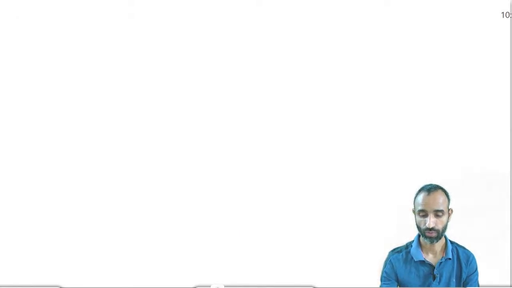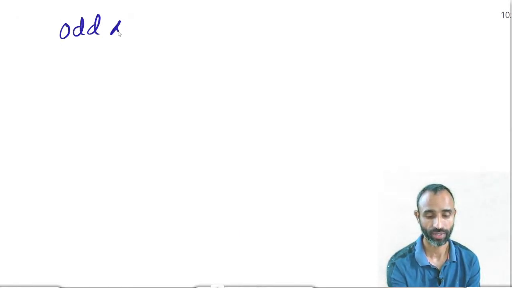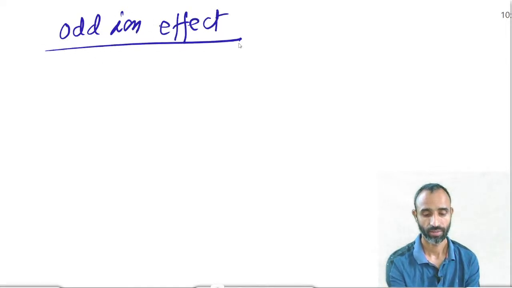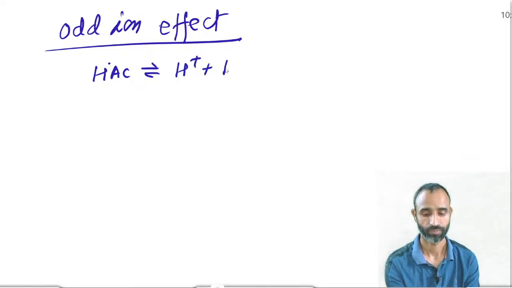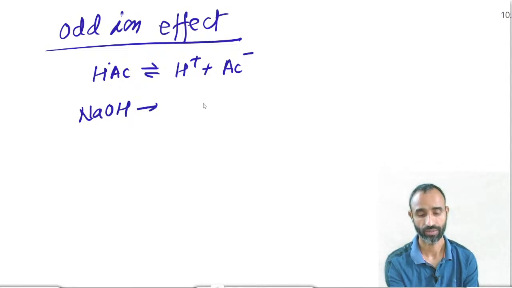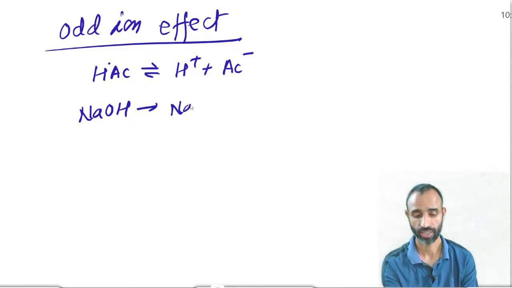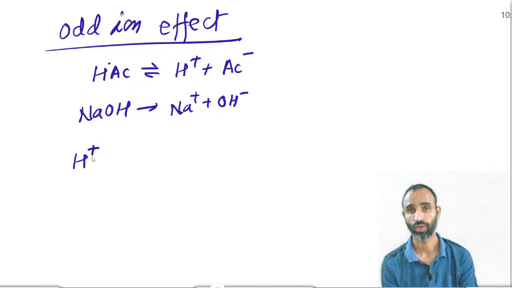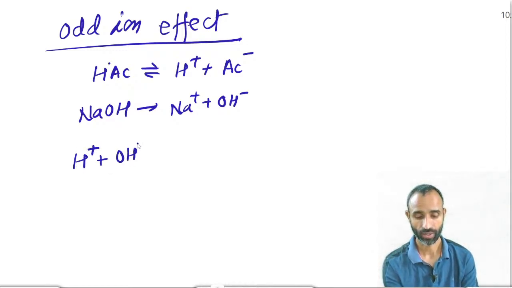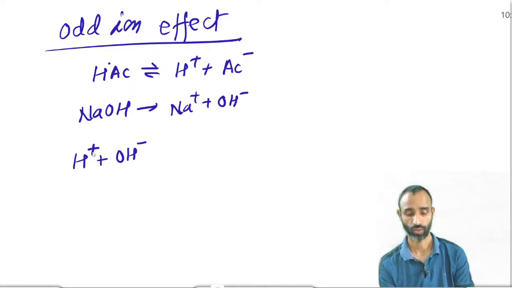And there is one more effect that is called odd ion effect. That is not covered by NCERT, but it is common. If we have acetic acid and we add sodium hydroxide to it, obviously it is a neutralization reaction, but what happens to the equilibrium? See, when we have sodium hydroxide, it is anti to H+ ion.